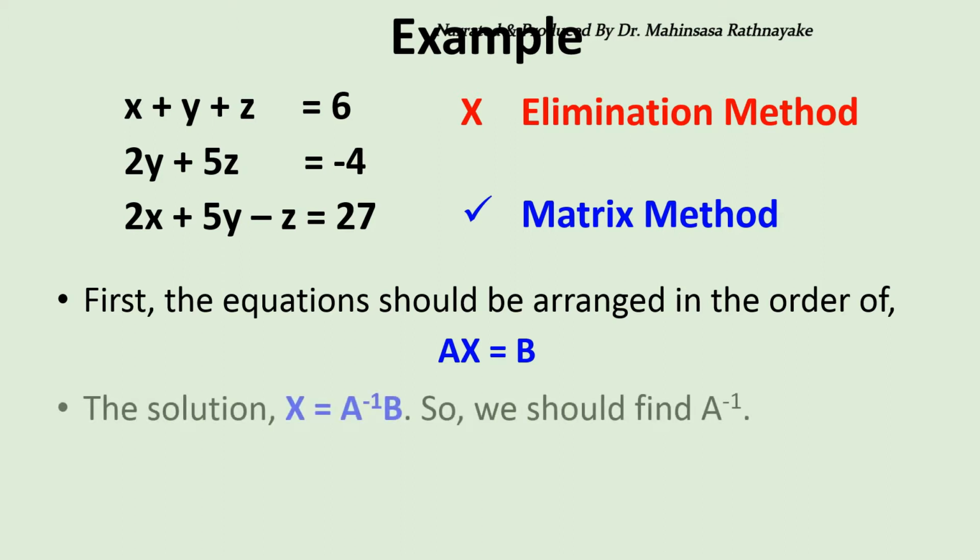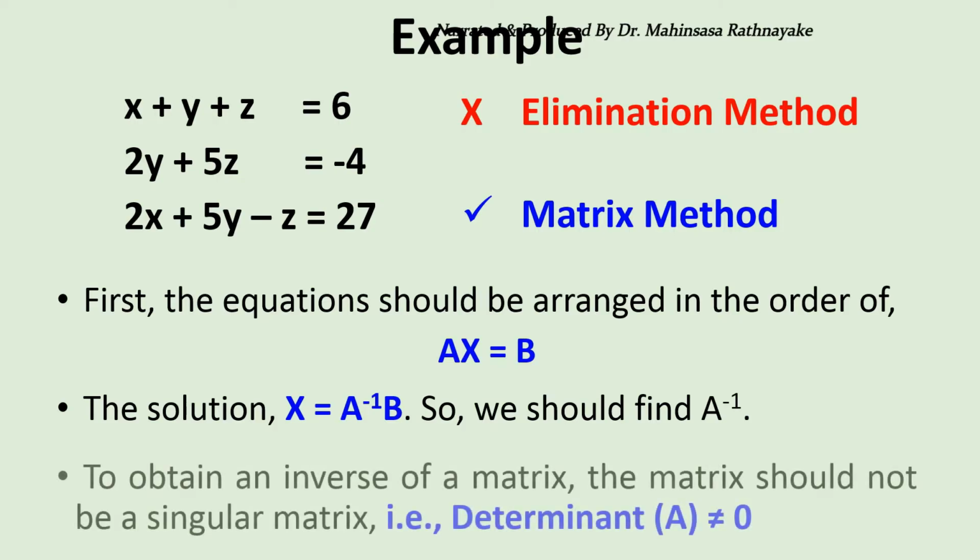Then the solution for matrix X equals A inverse B. So we should find the inverse matrix of A. To obtain an inverse of a matrix, the matrix should not be a singular matrix. That means the determinant of the matrix must not equal 0.